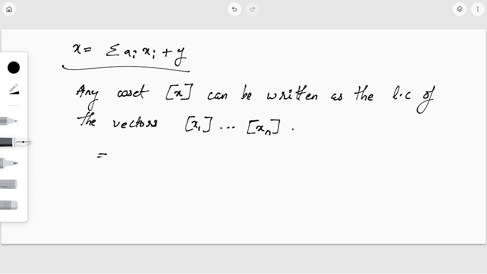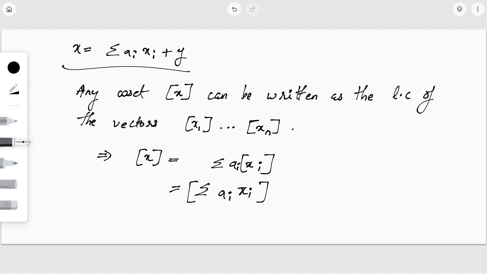So we have coset x is equal to summation ai coset xi. Now this can be written as coset summation ai xi. This is by the definition of cosets.